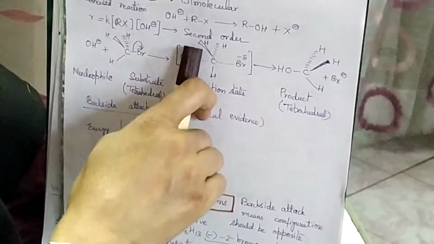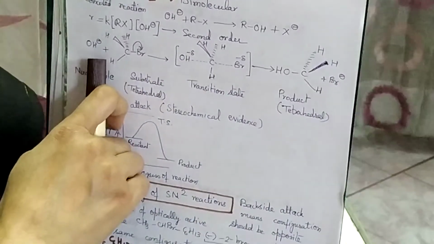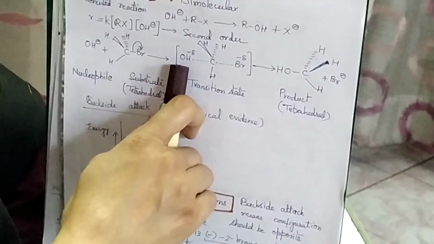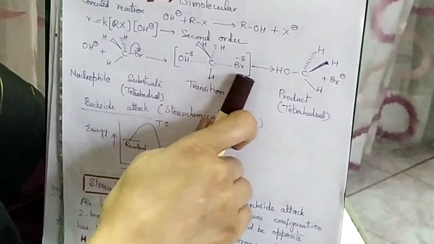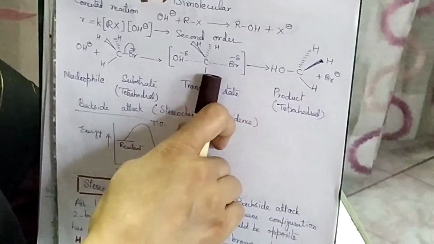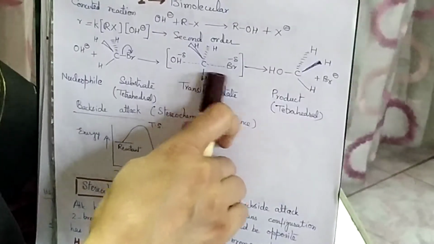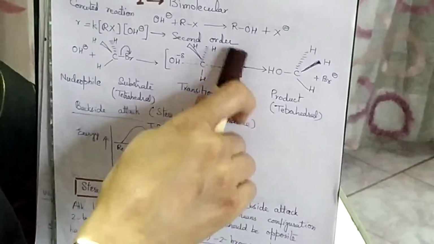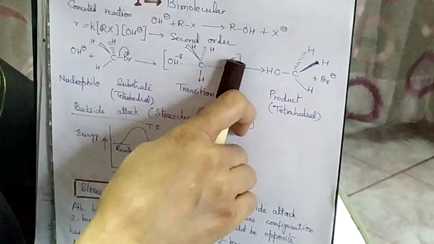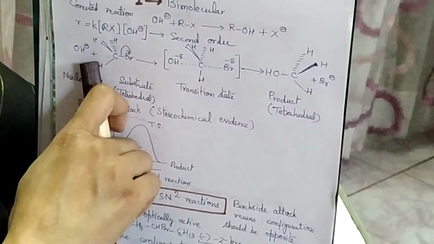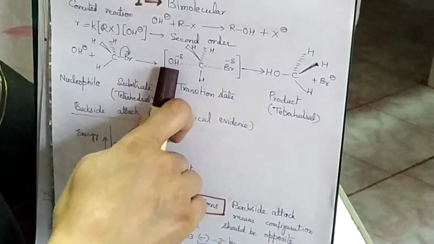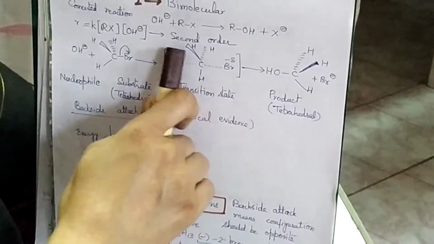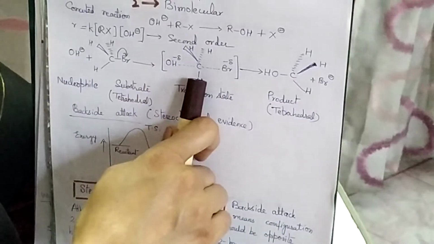Here this OH, which was totally negative, begins to attach itself onto this carbon. This bromine begins to detach itself from this carbon. In the process, this Br acquires a slight negative charge, and the negative charge which was originally present on OH also becomes less and less, so that it is only slightly negatively charged now.